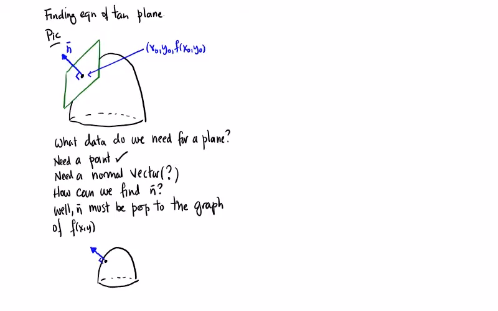And here is z equals f of xy, or just f of xy. In the last section, the very last thing that happened is we looked at the fact that if you have the gradient of a function of 3 variables, that gradient is perpendicular to the level surface, right? So in this case, since z is equal to f of xy, I really have a function of 3 variables, right?